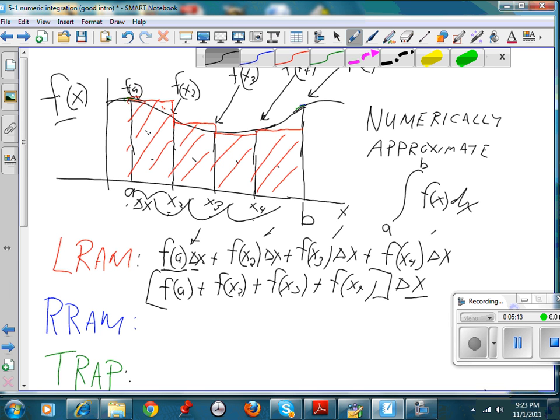This assumes that delta x is uniform, so all these rectangles have the same width.